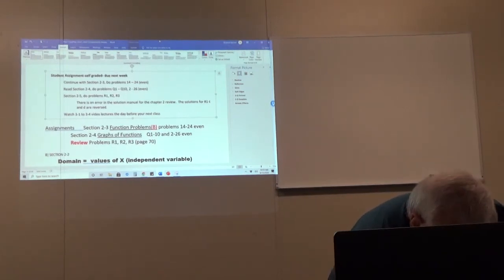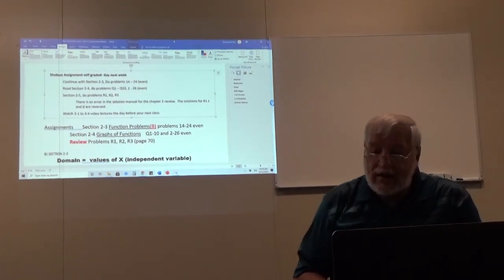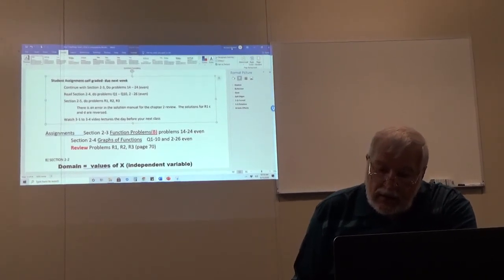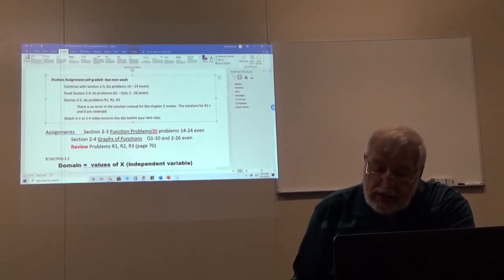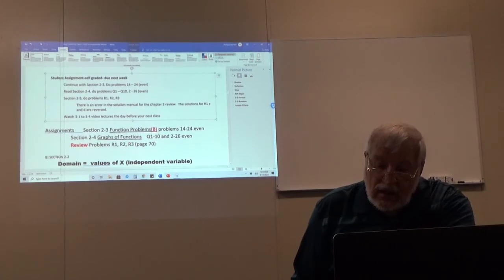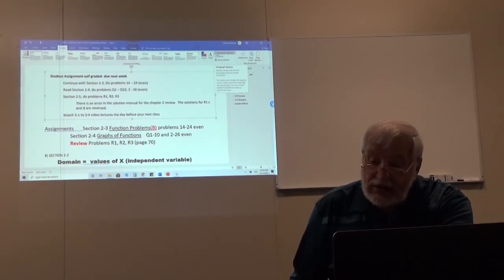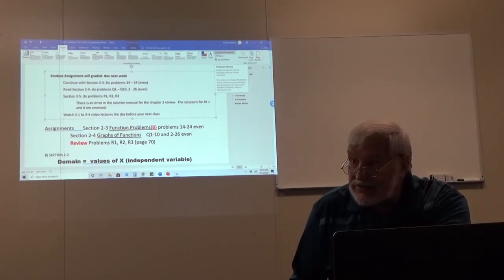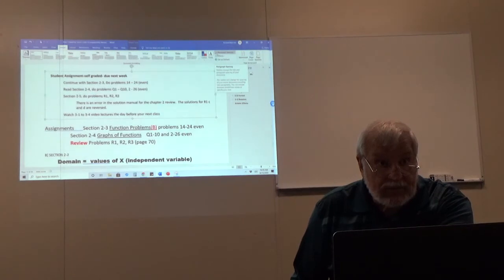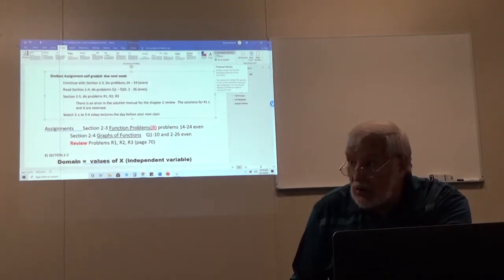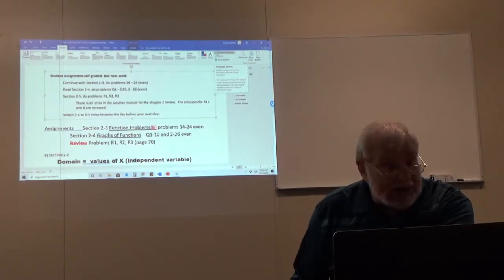Okay, now, notice that the values of C, the domain is very large because the values of X go positive and negative in both directions.